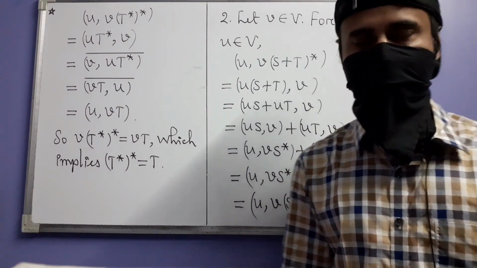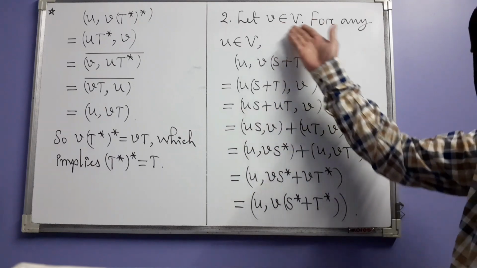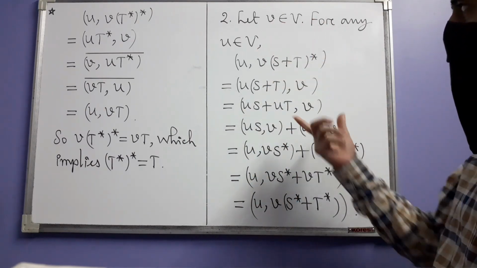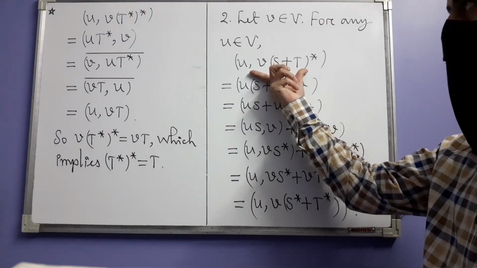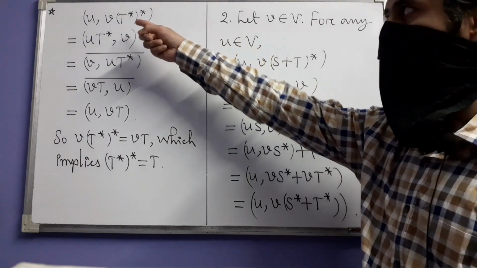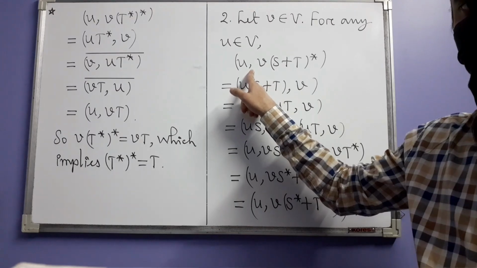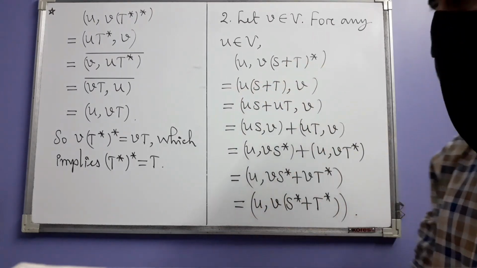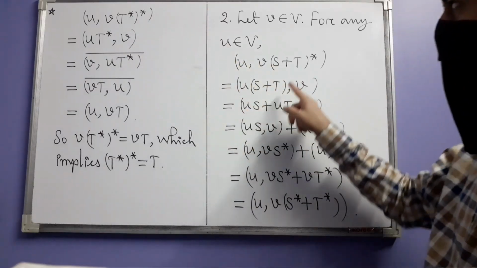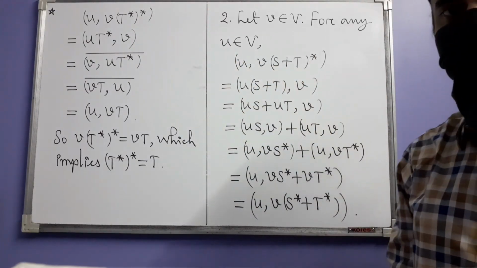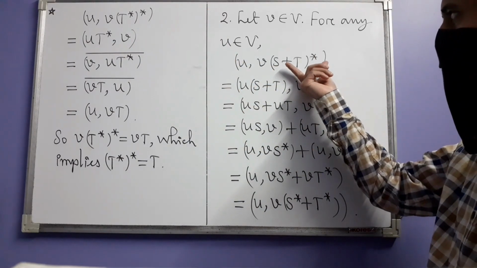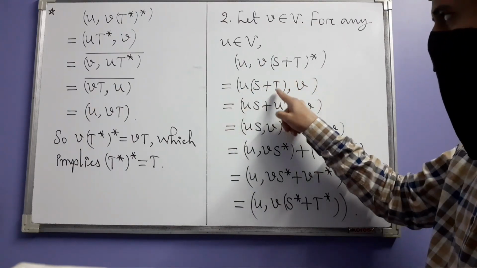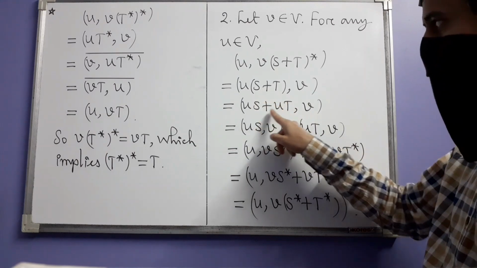So next we have part 2, where the beginning is again that same thing. We have V, then for any u belonging to V, this time we consider this. So you see the similarity. We still have u and V, and on V we are applying the operator that we want. Okay, there it was T star star, this time it's the star of S plus T. So first S plus T star changes position, goes to the first component, it becomes S plus T. And then what did we do here?